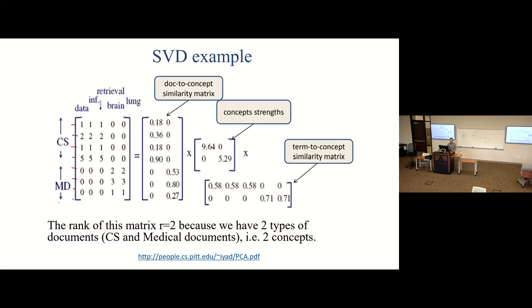So this is 7 different books, with those words. The computer science book contains data and those frequencies. This data has not appeared in the medical related literature, while brain only appeared in medical related literature, not in computer science.